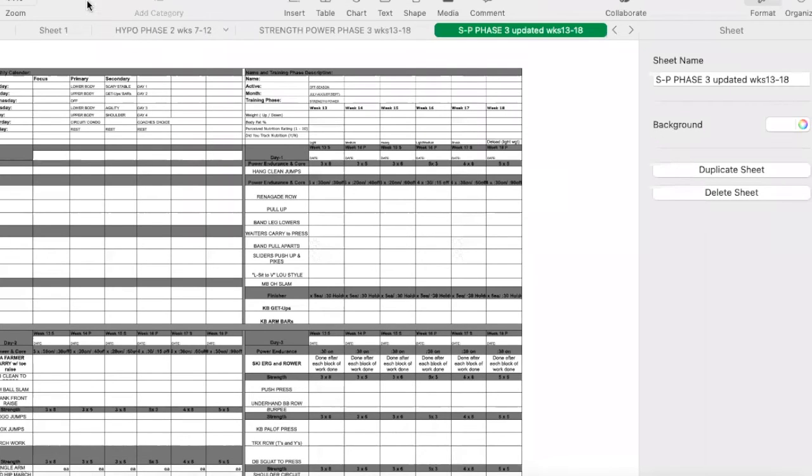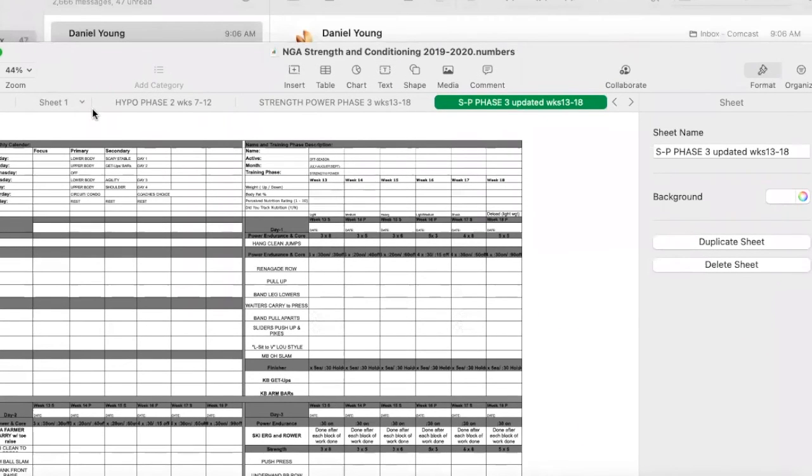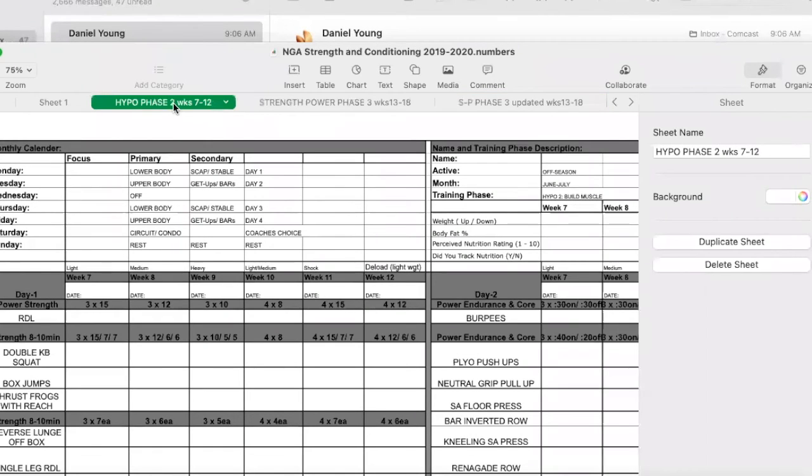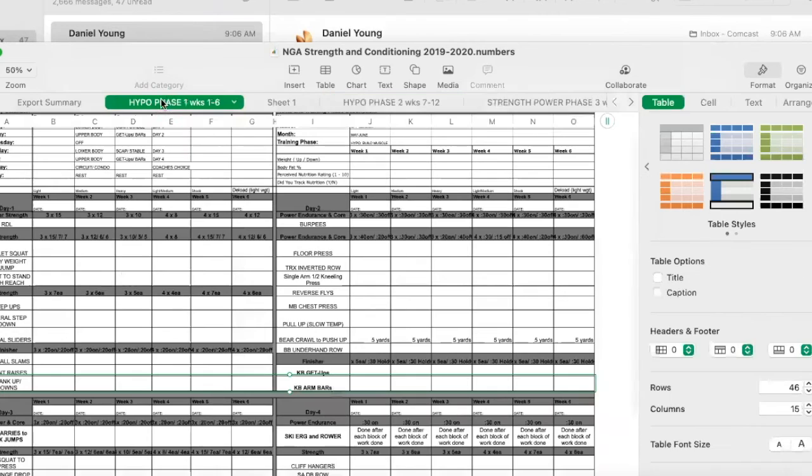All right, so this is, for instance, my hypertrophy phase, right? It goes 1, 2, 3, 4, 5, 6 weeks. This is my hypertrophy phase 1. So this is week 1, 2, 3, 4, 5, 6.